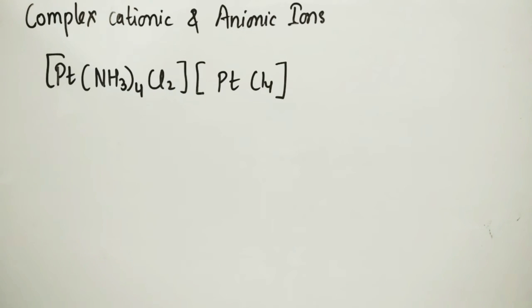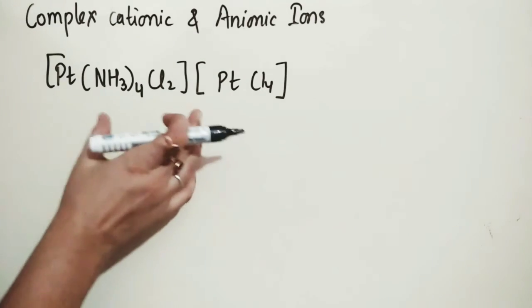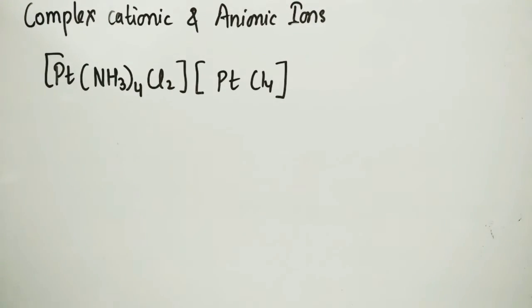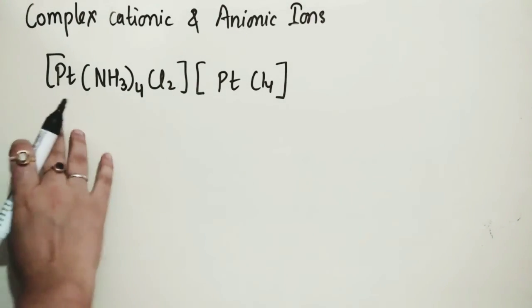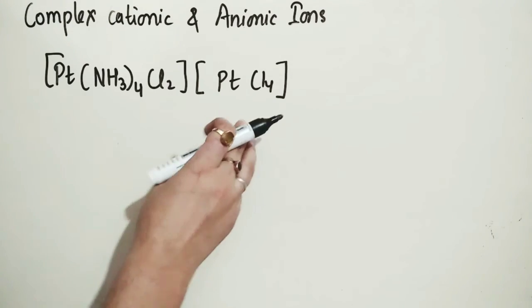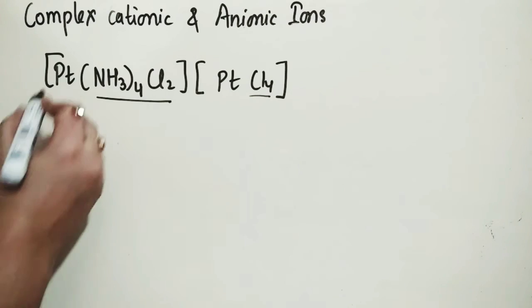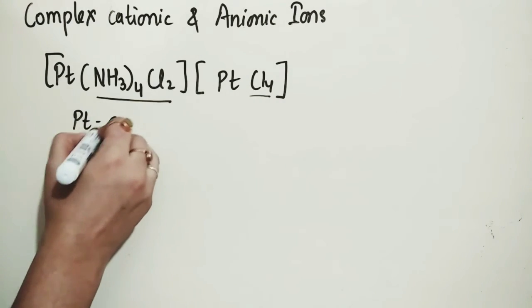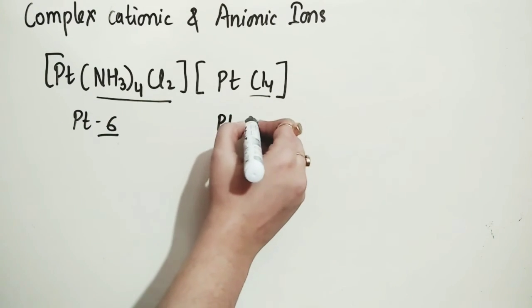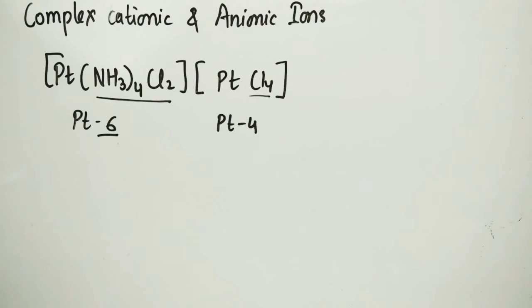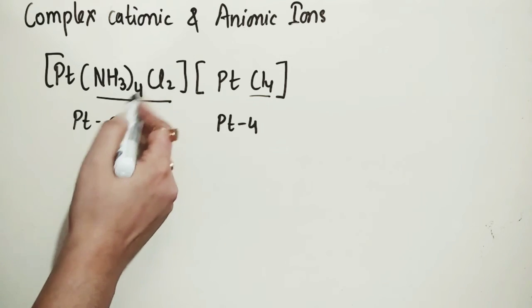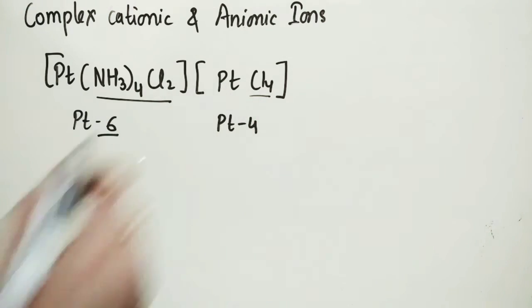Now next we will discuss the complexes in which both cationic and anionic species are present. Now this is one of the examples, and what is the difference between the two? The coordination number in both cases is different. Here the platinum has coordination number 6 and here it has 4. Coordination number means the number of ligands attached. So here 6, we can say it is an octahedral complex, and this is a tetrahedral complex.